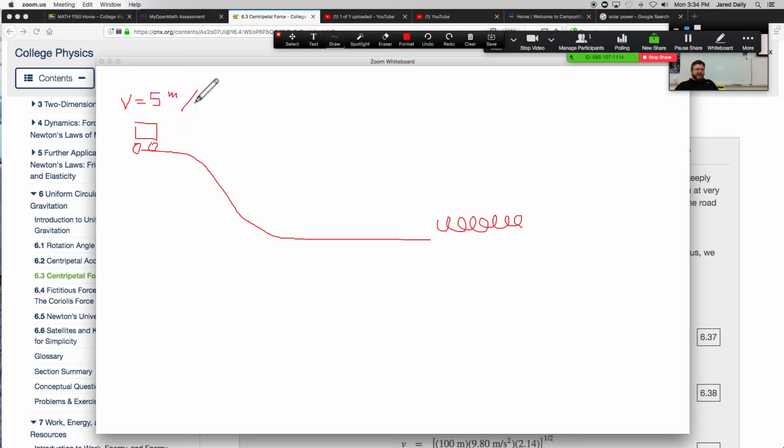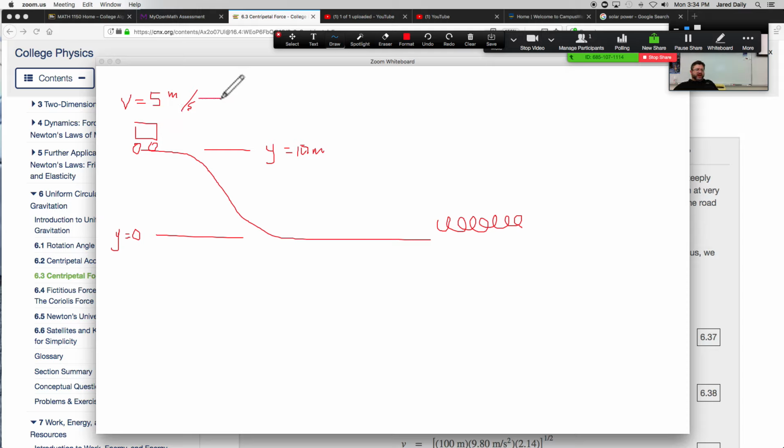Let's say the bottom of the hill is our height equals 0, so y equals 0, and the top of the hill is y equals 10 meters.